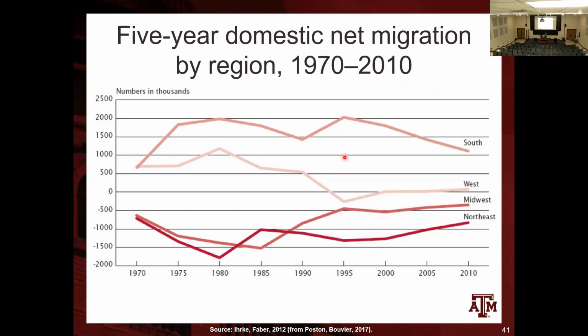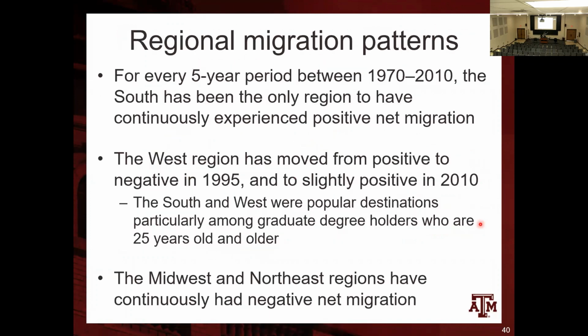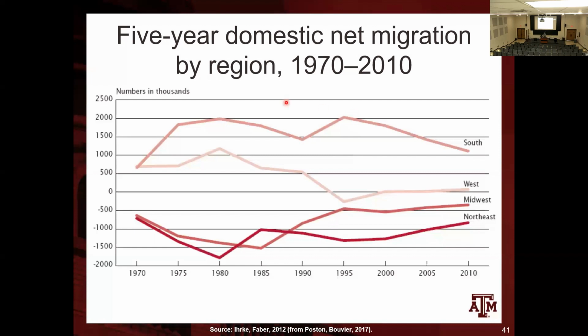And this graph is looking at 5-year domestic net migration for the 4 regions that I showed in the previous map: South, West, Midwest, and Northeast. So for every 5-year period between 1970 and 2010, the South has been the only region to have continuously experienced positive net migration.